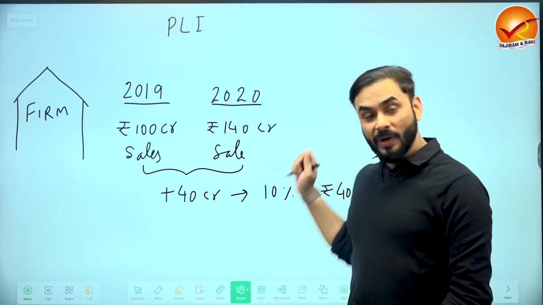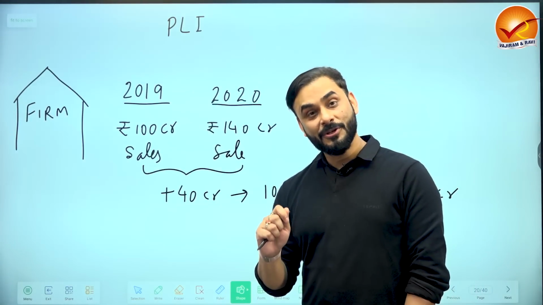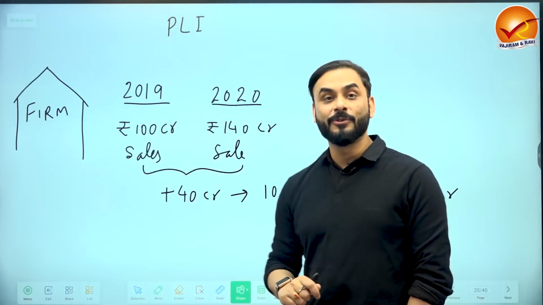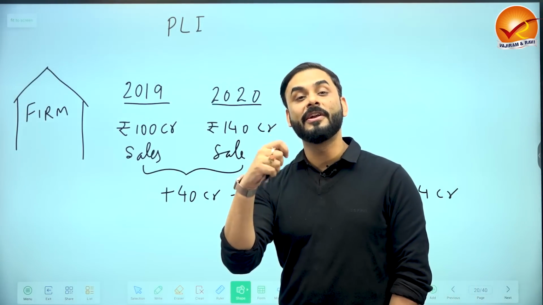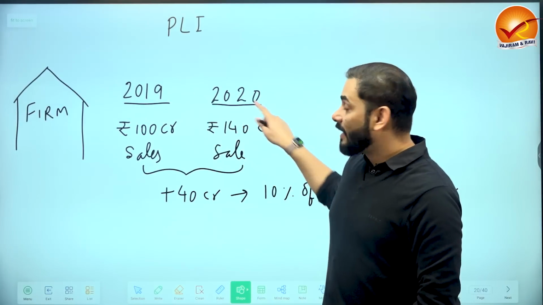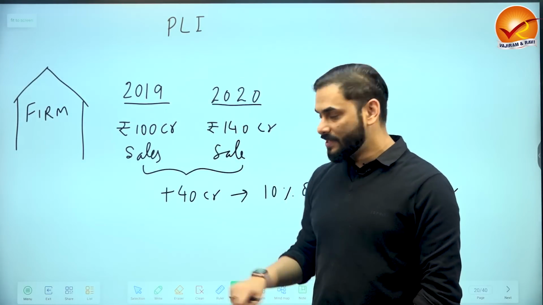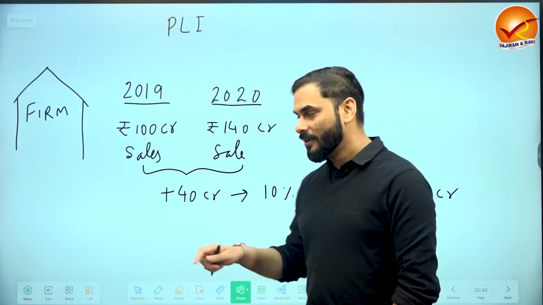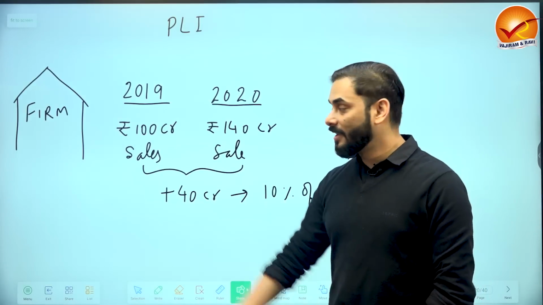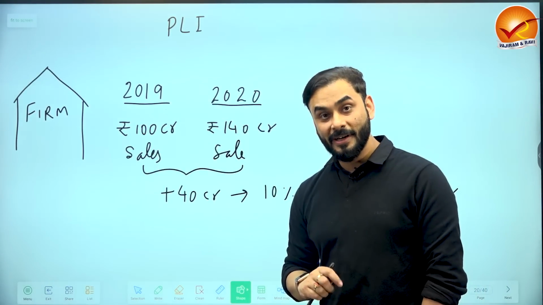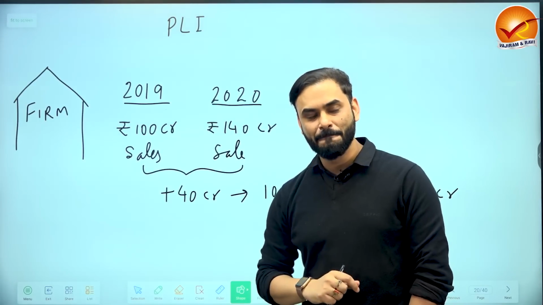Suppose in the year 2020, the company made 140 crore rupees. This is the sale figure, 140 crore rupees. Now, if you compare 2019 and 2020, you will see that the sale of this company has increased by 40 crores. Earlier it was 100 crore worth of sale, now it's 140 crore worth of sale. It has increased, 40 crore extra sale.